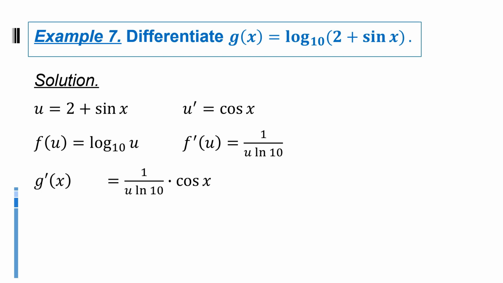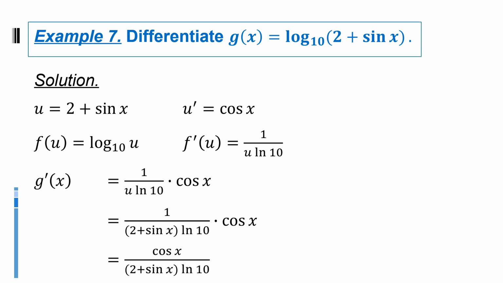So, g prime of x now is equal to 1 over u ln 10 times cosine x. Or that is, pag pinalitan natin yung u, we have 1 over 2 plus sine x ln 10 times cos x. Or cos x all over 2 plus sin x ln 10.